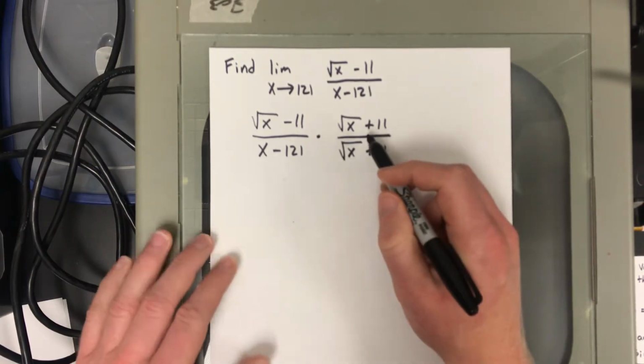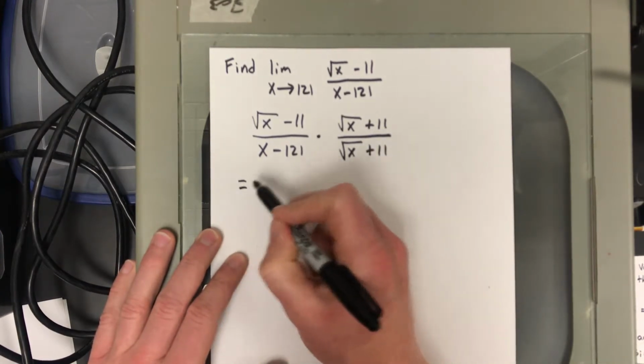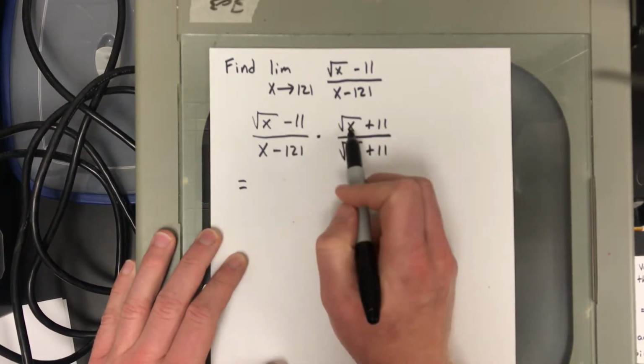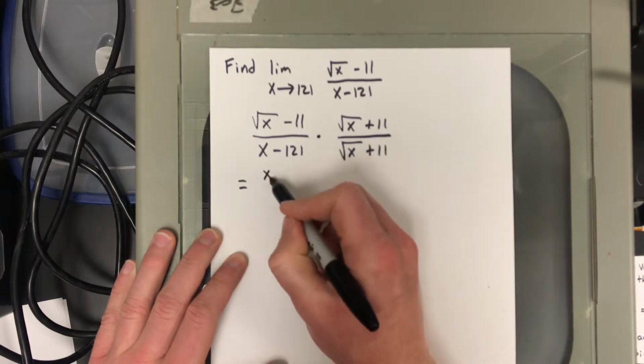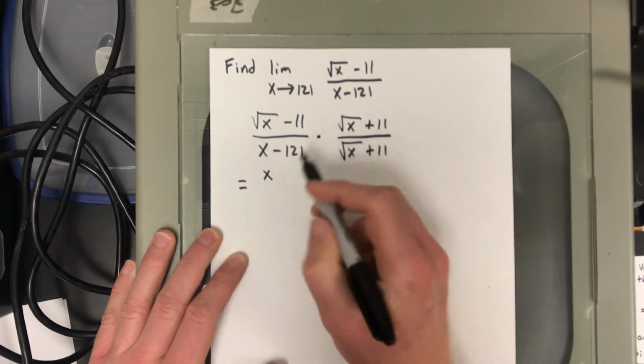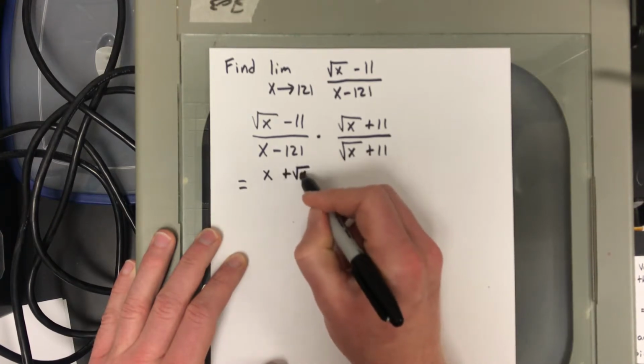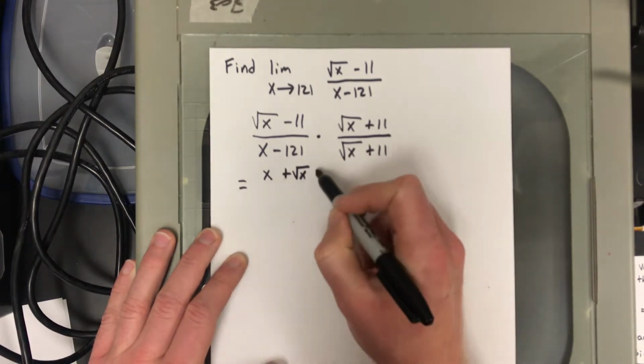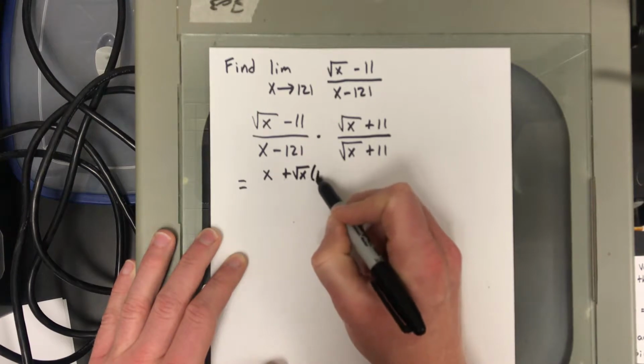When I go through and do that distribution, I take square root of x times square root of x, and I'm going to get x. I take square root of x times 11, and that's going to be plus square root of x times 11.